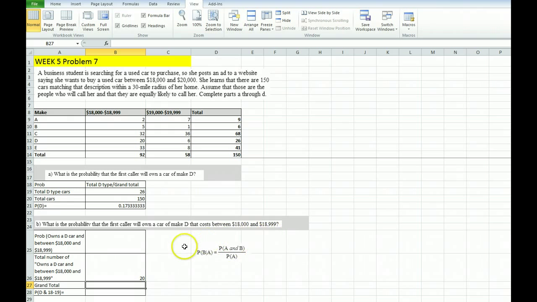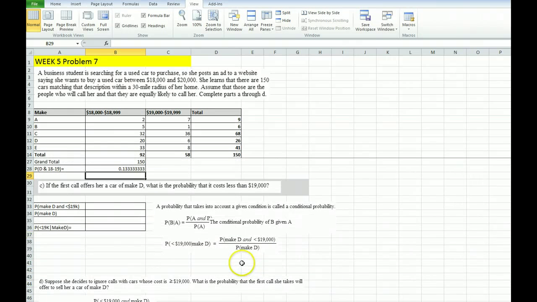Now the grand total is going to be equal to the 150 cars, because we're looking at the first call being a joint event, but the total possibilities is really any one of the 150 callers or potential callers. So the probability of the joint event divided by the total is going to be 0.133.